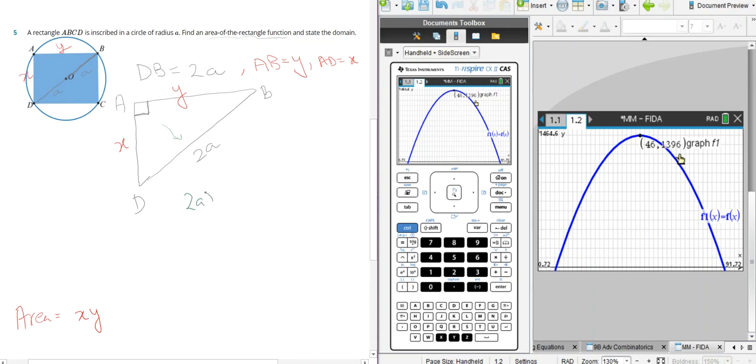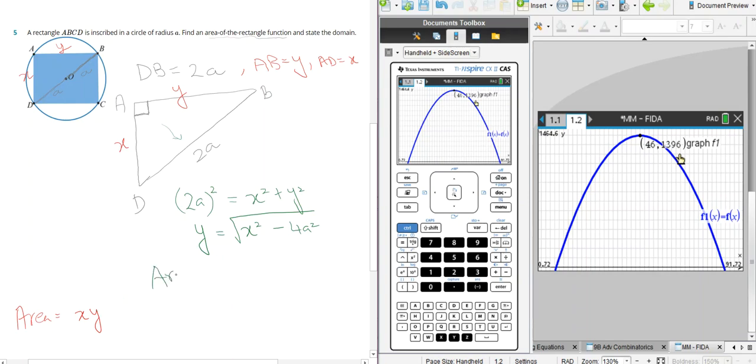So 2a whole squared, remember not 2a squared, 2a whole squared equals x squared plus y squared. If I want to make y the subject here, you will get y equals root of x squared minus 4a squared, and that is my y. All I need to do after that is just sub in that y in this function, and I've got my equation or the rule for the area.